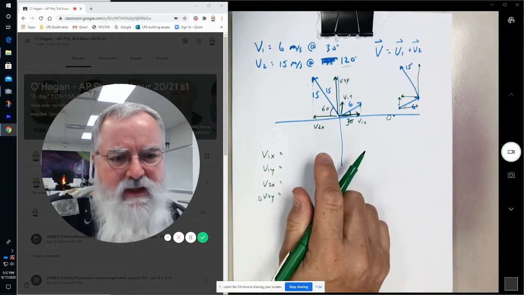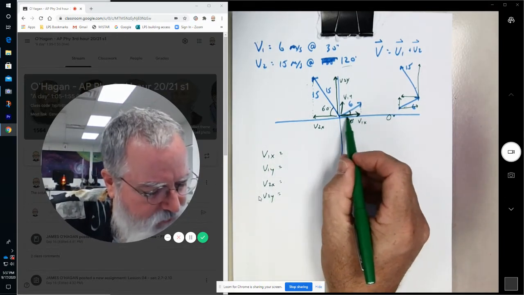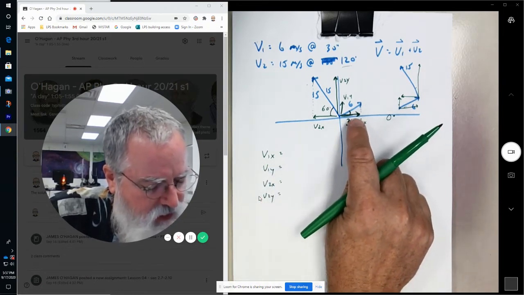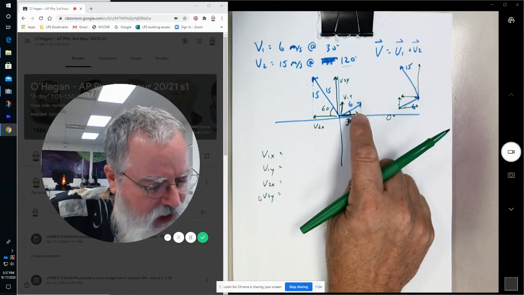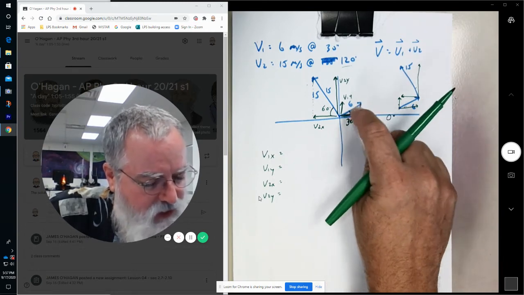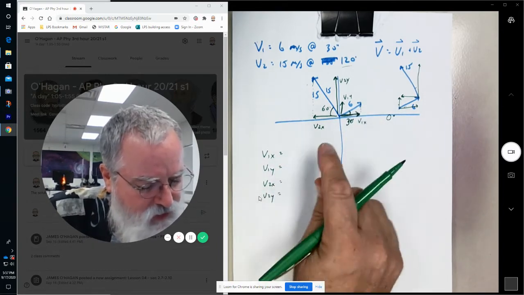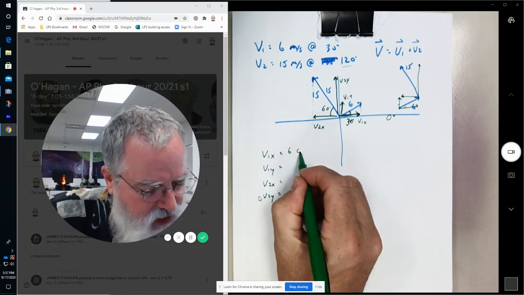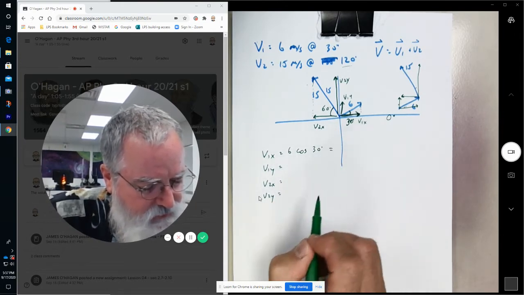Now I've got things kind of set up. If I'm going to try and solve for this one, velocity 1 in the x, I've got hypotenuse, angle. I'm looking for adjacent. That's going to be cosine. And the way you rearrange it, it's going to be the hypotenuse, 6, times the cosine of the angle, which is 30 degrees.